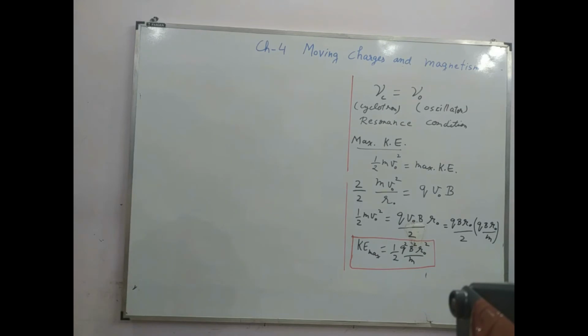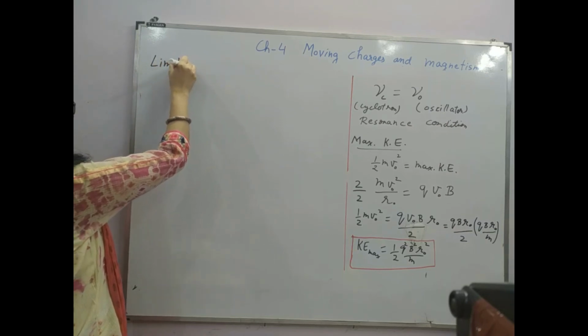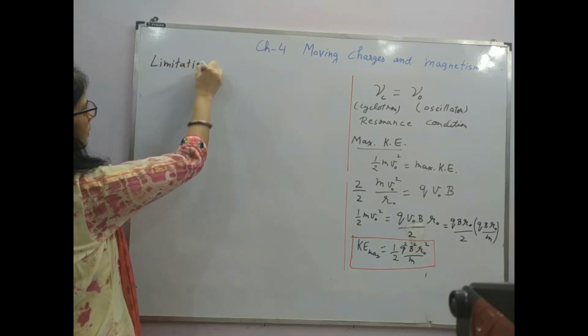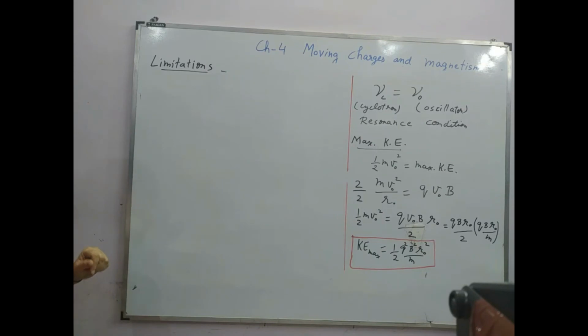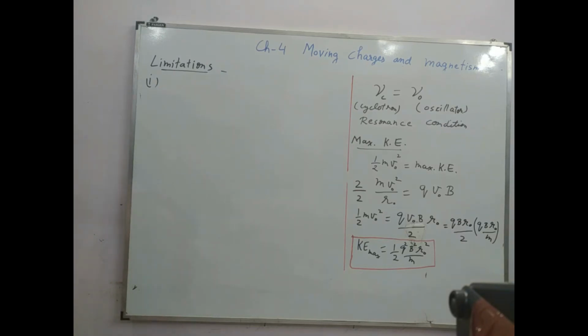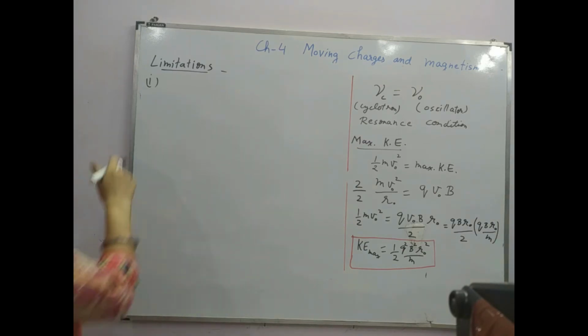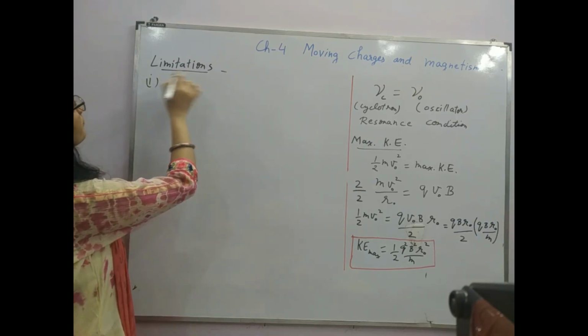Now for limitations, we know this resonance condition is a necessary condition. So whenever this condition is disturbed, the cyclotron will not work. So first thing is that whenever a particle moves with very high velocities, the mass of the body increases by the relativity formula.